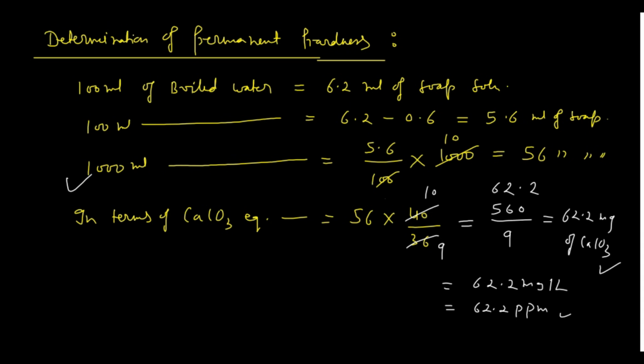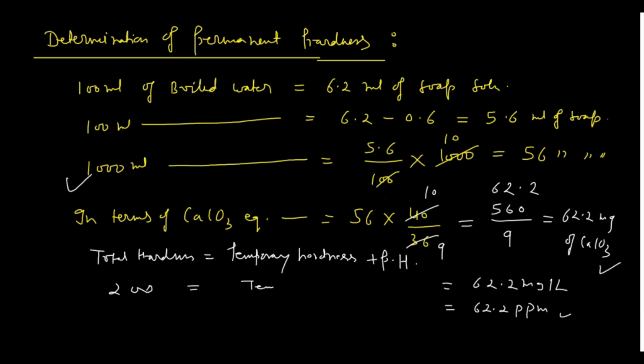If you subtract the value of the permanent hardness from the total hardness, you will get your temporary hardness. So I am simply using this: total hardness equals temporary hardness plus permanent hardness. Your total hardness was 200, temporary you need to calculate, and your permanent hardness is 62.2 ppm.